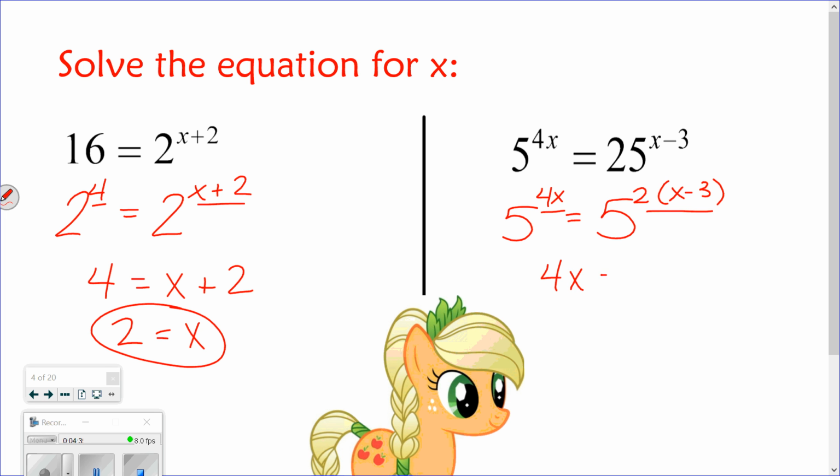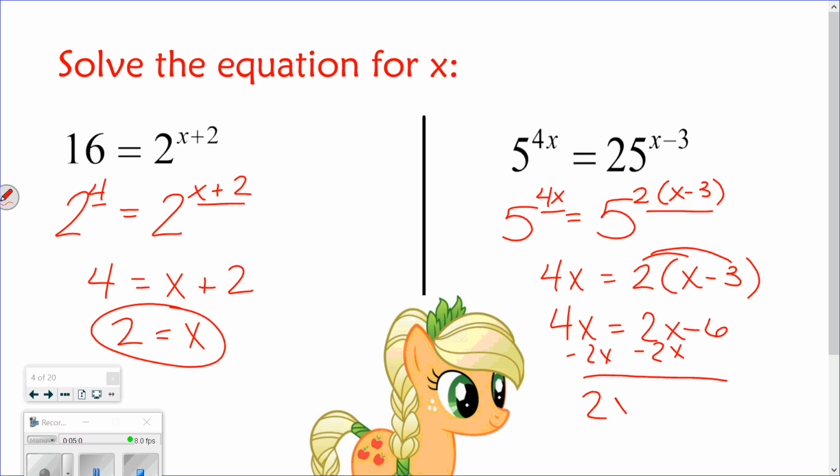So 4x equals 2 times x minus 3. Then we'll have to distribute and solve from there. This is making sense? Base is the same. So we'll have 4x equals 2x minus 6. Go ahead and distribute. Subtract 2x. 2x equals negative 6. So x equals negative 3.